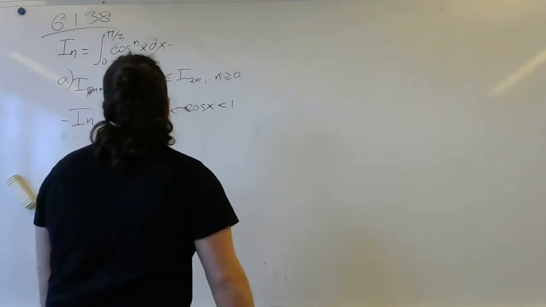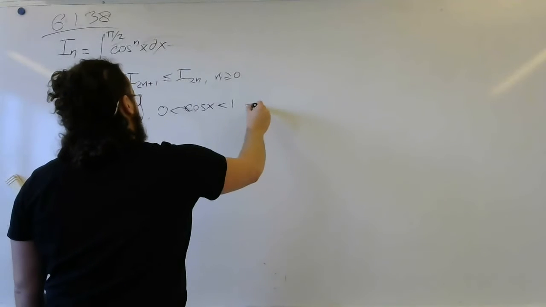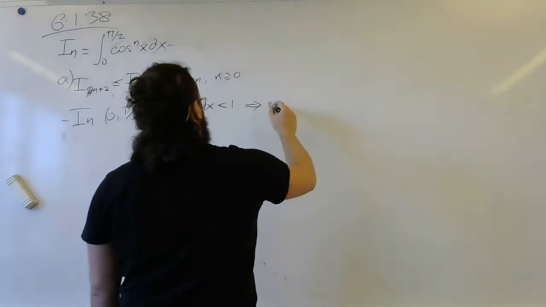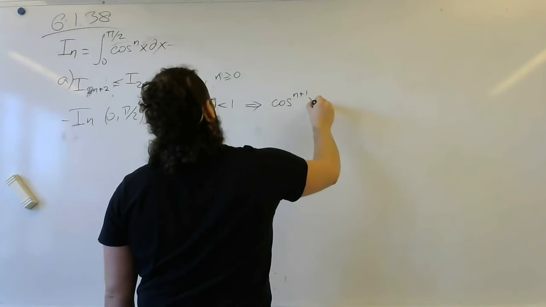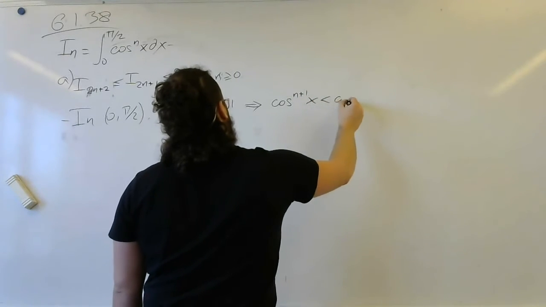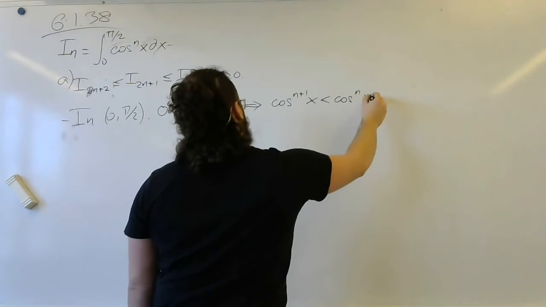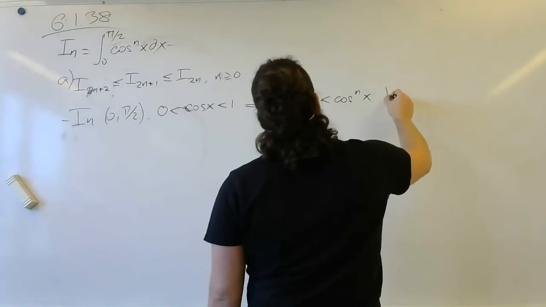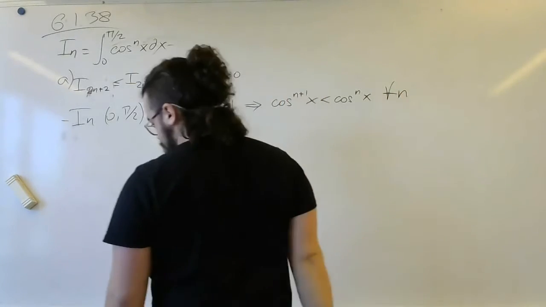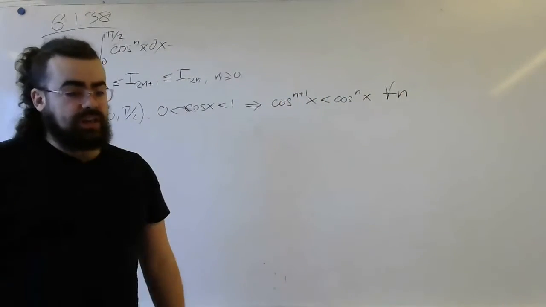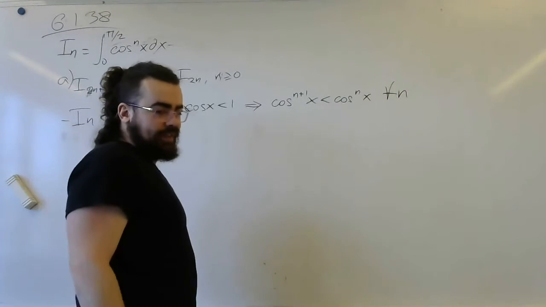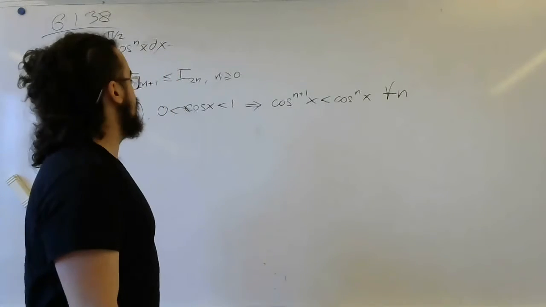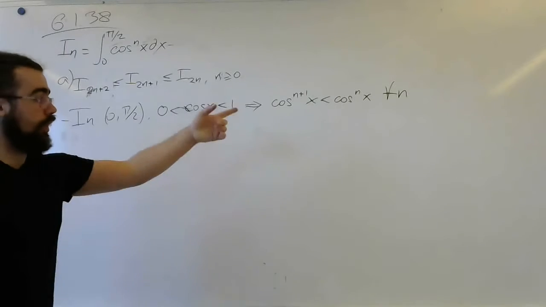It's constantly positive. Which means, right or wrong, the more times you multiply by the cosine, the smaller you get.